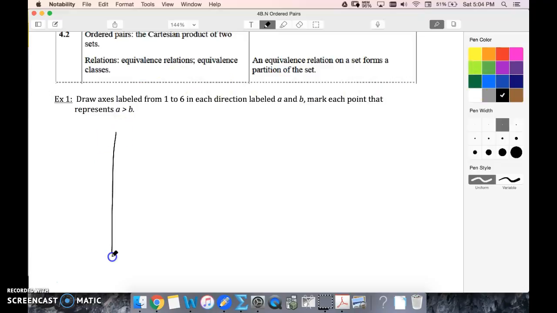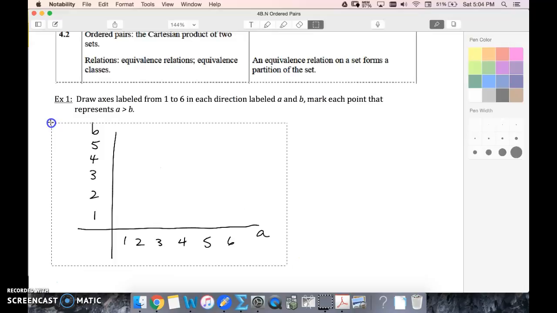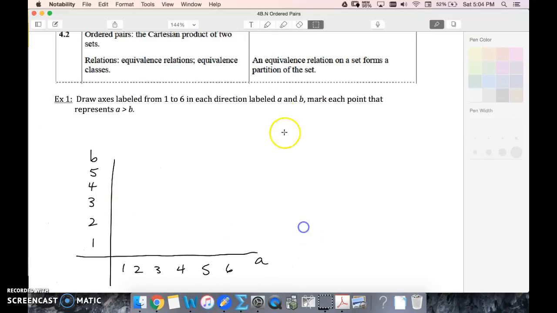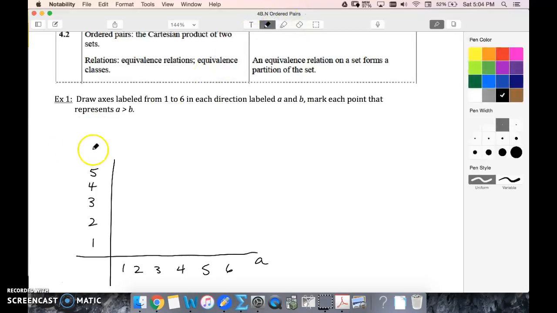I call this one A, this one B. 1, 2, 3, 4, 5, 6. Here's my b-axis.